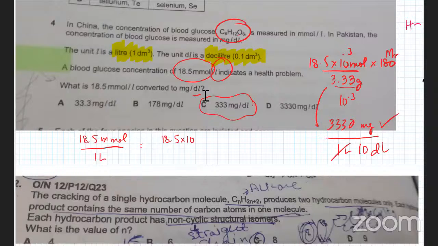They're looking for the answer in milligrams per deciliter, so I'm converting the numerator to milligrams. Milli is 10 power minus 3 moles multiplied by the MR, which is 180. That gives me grams. How do I convert grams to milligrams? I'm not sure about this one. Is this done right?